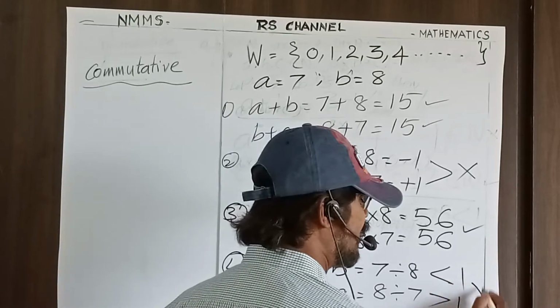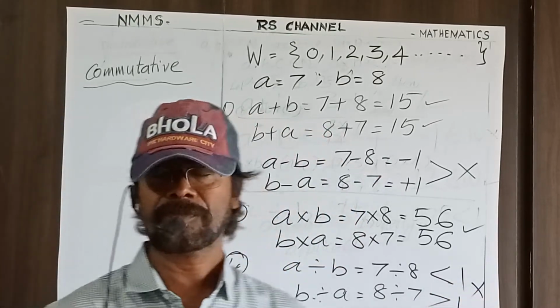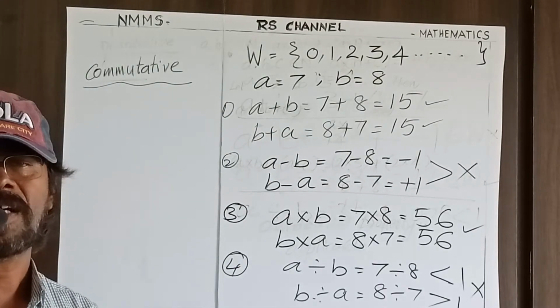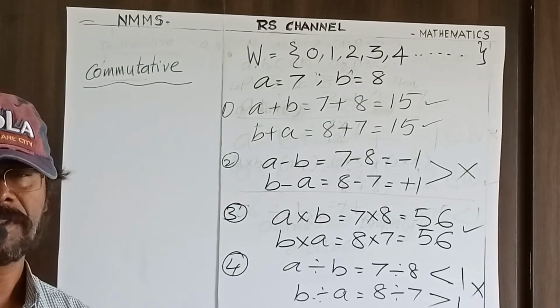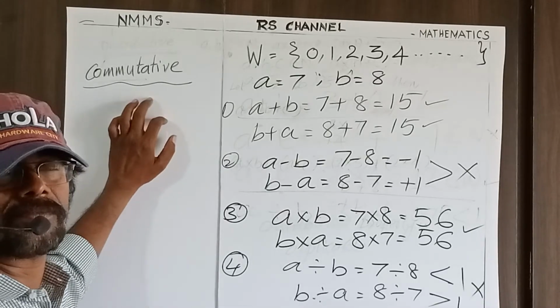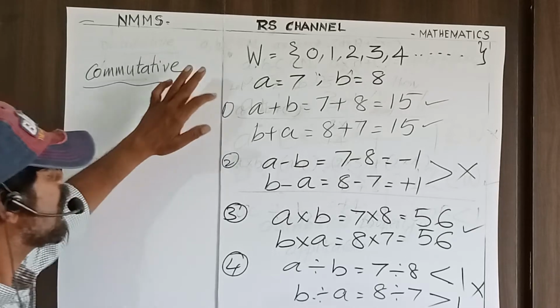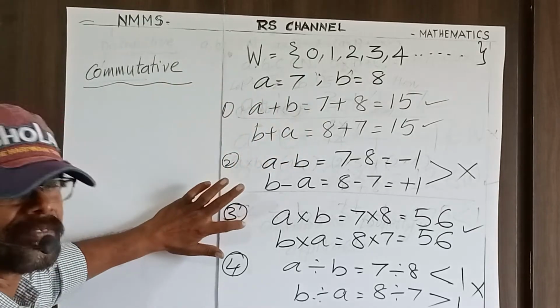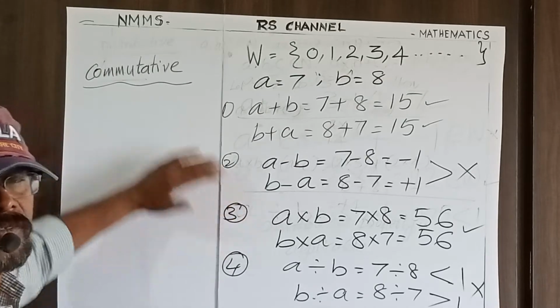So both are not equal. So the operation division is not commutative. So only two operations, addition and multiplication, satisfy the commutative property.